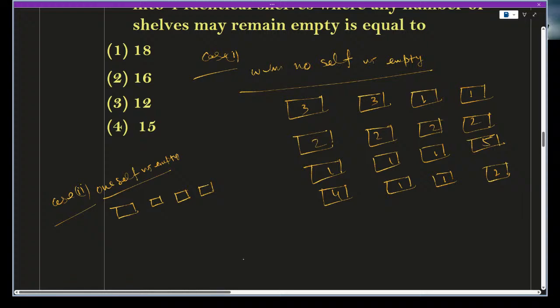Do it a bit faster. 0 3 3 2, 0 5 2 1. Then there will be 0 2 4 2. Possible?